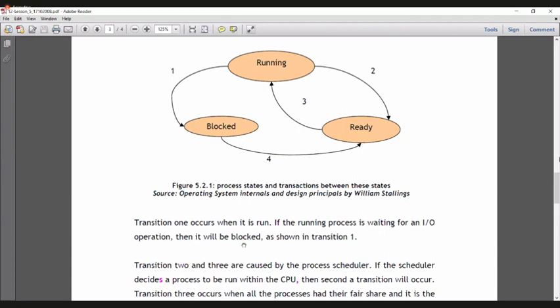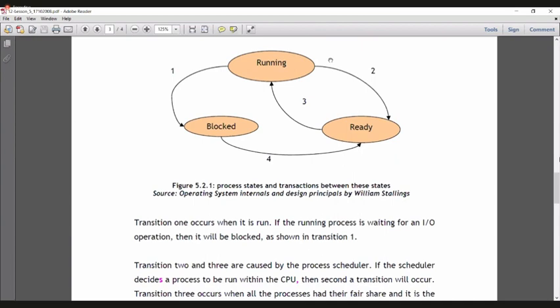So if the user is slow, you have to wait until you get it. So that means it is being blocked. So it is transition 1. Like this, you should be able to explain it using your own words, okay? So this is what transition 1 is.